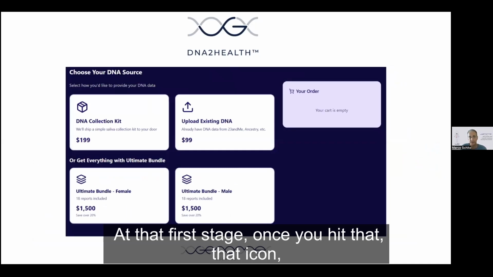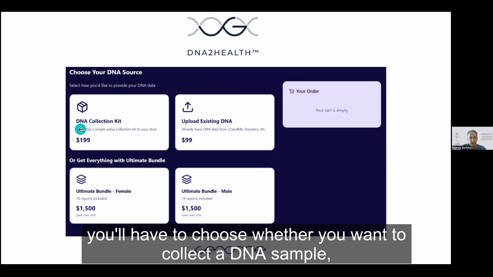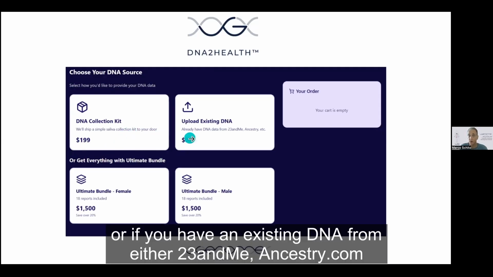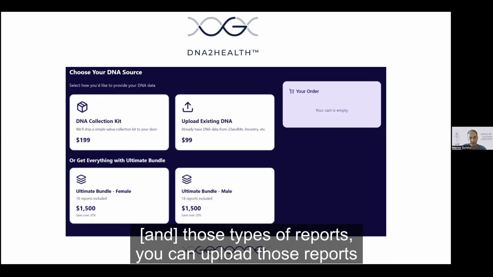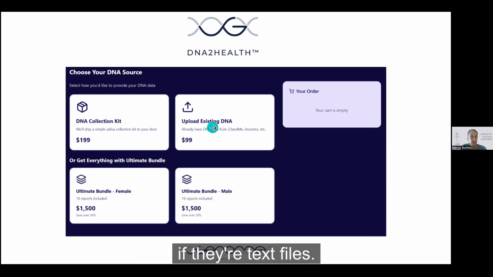At that first stage, once you hit that icon, you'll have to choose whether you want to collect a DNA sample, or if you have existing DNA from 23andMe, Ancestry.com, those types of reports, you can upload those if they're text files.